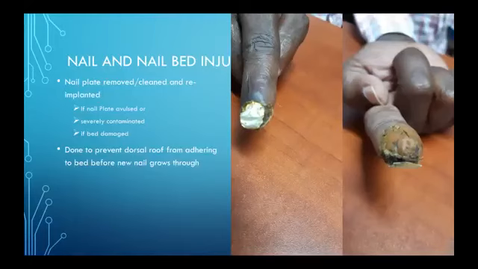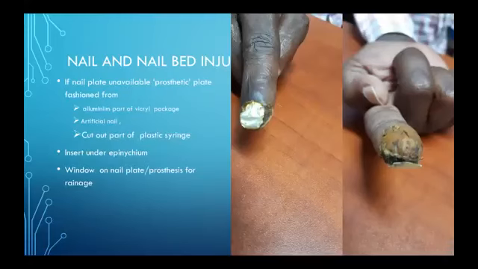So we removed the nail plate, but the nail plate was actually missing. So we reconstructed it using a foil, aluminum foil or artificial nail. The other option is a cut-out piece of plastic, maybe from a syringe, which can be inserted under the eponychium. What this does is separate the eponychium from the underlying tissue and prevent it from scarring.